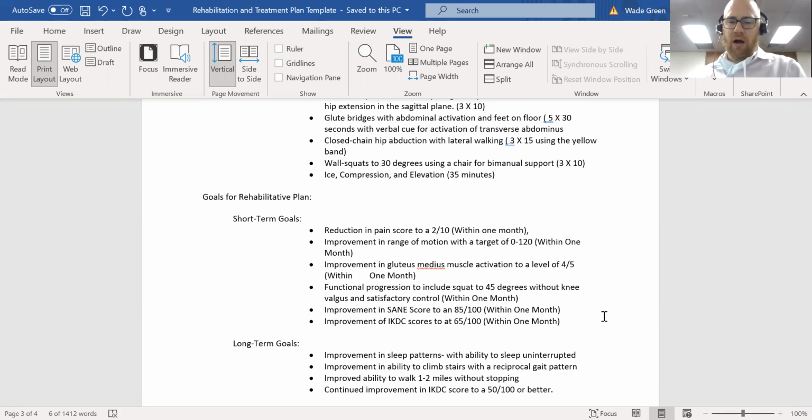That's based on the law in Minnesota. Obviously, we also want her IKDC scores to improve from where they are currently to 65 out of 100 within 1 month.